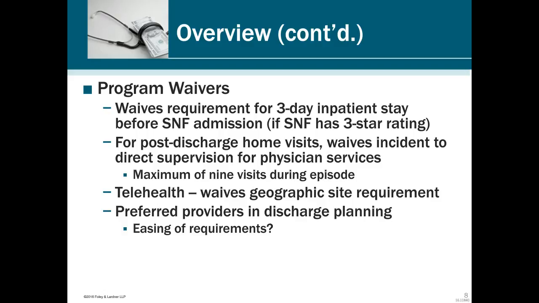You need to mention to the patient that you have a collaborator agreement. You must give the patient a list of all the available providers, and you must honor any expressed patient or family choice on who to utilize. But there is some language about preferred providers, and they can be incented with collaborator agreements.